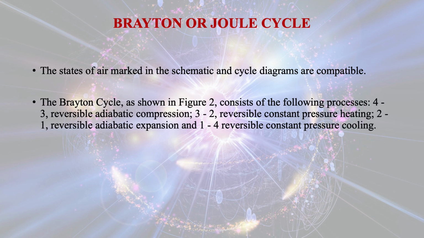The BRAYTON cycle shown in the figure consists of the following processes. The first one is 4 to 3, that is the reversible adiabatic compression. 3 to 2 is reversible constant pressure heating. 2 to 1 is reversible adiabatic expansion, and 1 to 4 reversible constant pressure cooling.